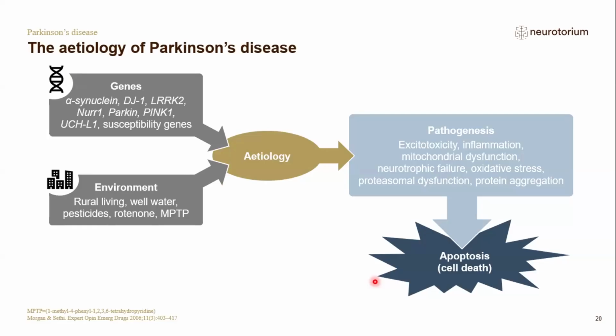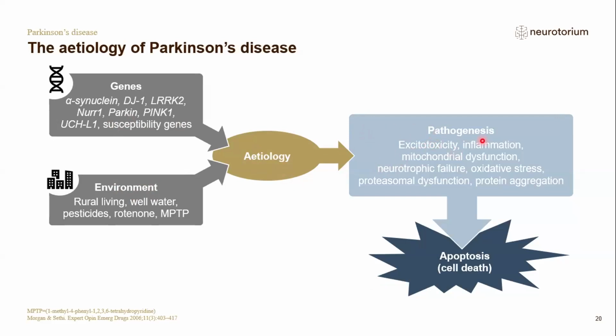So you need both parents to have that autosomal recessive gene for you to have Parkinson's disease. Usually it will be very early, it progresses faster, and cognitive conditions are very prominent. So you need the genes and the environment to work together to give you an etiology of Parkinson's disease.